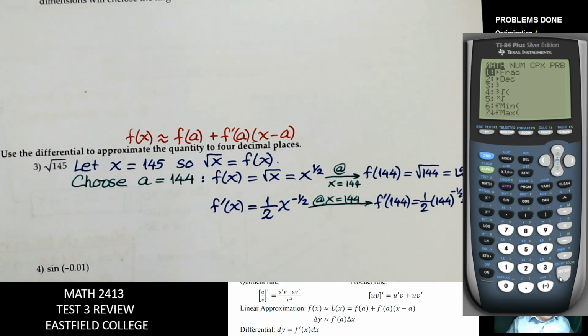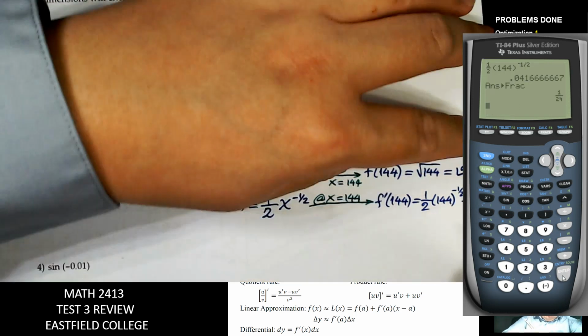We can use 0.5, but we can change this to a fraction, 1/24.